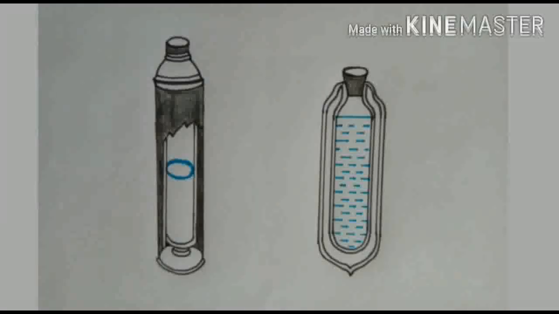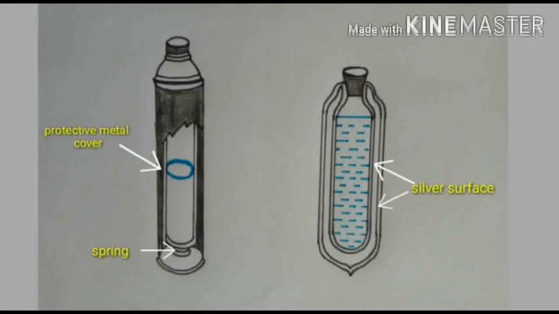See the picture. This is the outer protective metal cover. This is the spring. In between the two layers is the silver surface which reflects the radiating heat. The vacuum present in between the double wall layer prevents the heat from escaping through convection and conduction. Students, now apply the ways of heat transfer, conduction and convection, here.